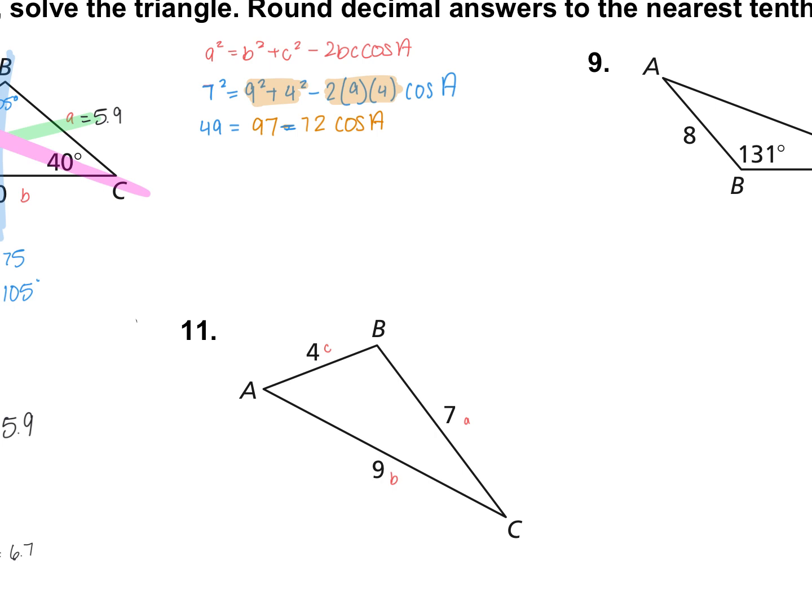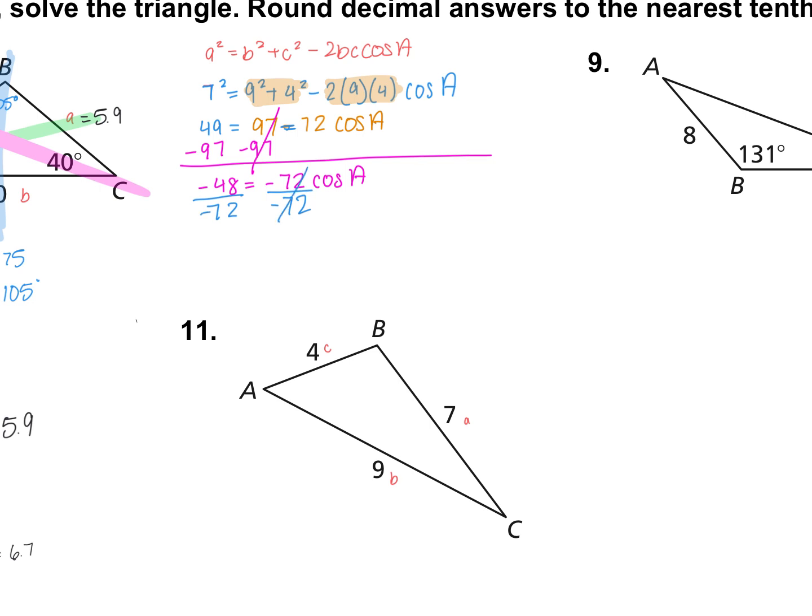So now going to the next step, I'm going to subtract 97 from both sides. So this one is quite a process. Oops, let me not cross that out. So 49 minus 97, I'm going to get negative 48 equals negative 72 times cosine A. And to get rid of that 72, because it's multiplication, I'm going to divide by 72.